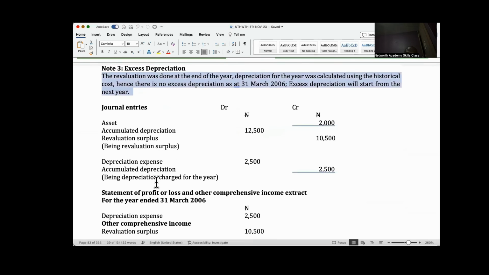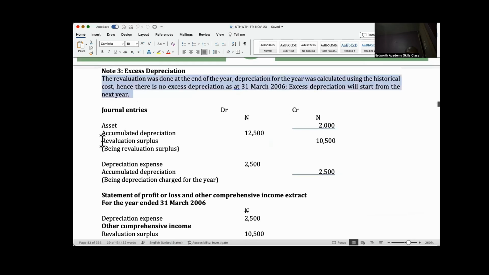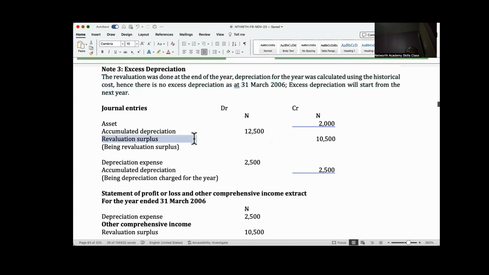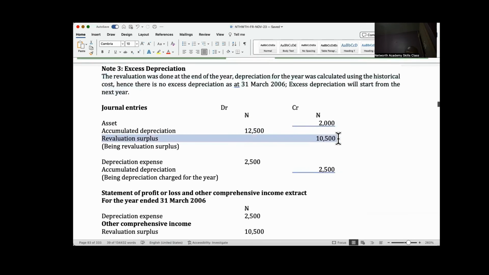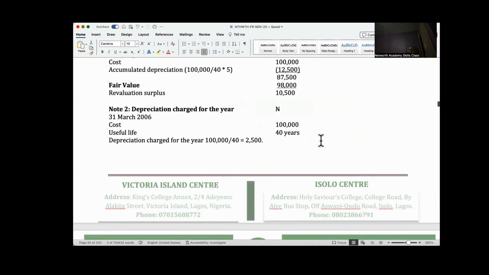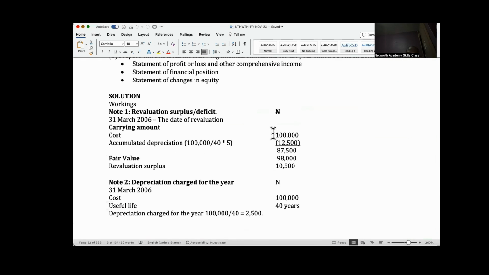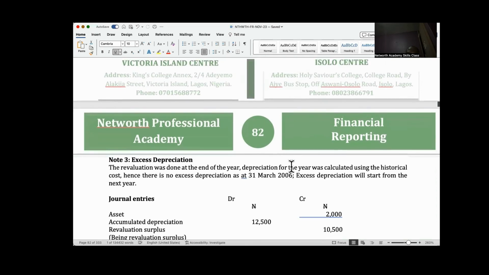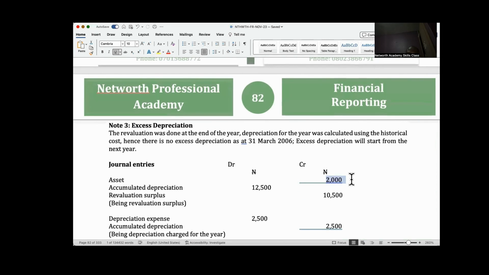So my journals. First, my revaluation surplus will go to credits, which is 10,500. The cost of my asset is 100,000. I need to reduce it to 98,000, which is a reduction of 2,000. For me to decrease my asset, I credit it by 2,000.